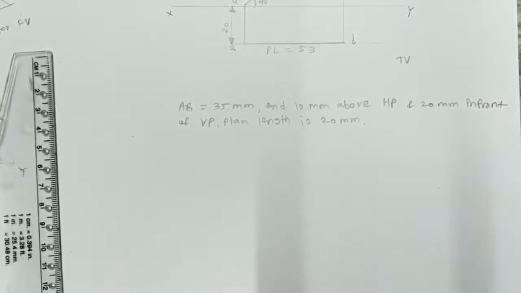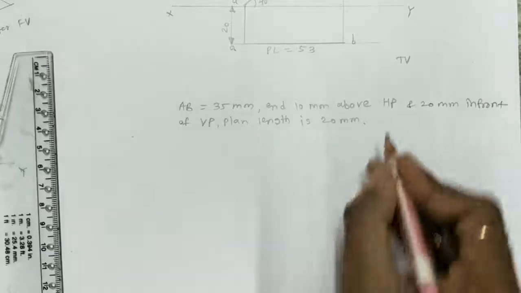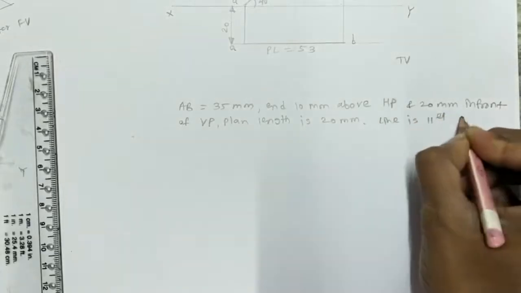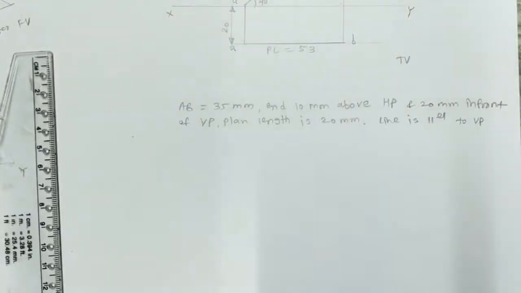A line AB of length 35 mm has its end 10 mm above HP. Line is parallel to VP and 20 mm in front of VP. And plan length is 20 mm. Draw the projection. So here it is given that line is parallel to VP.